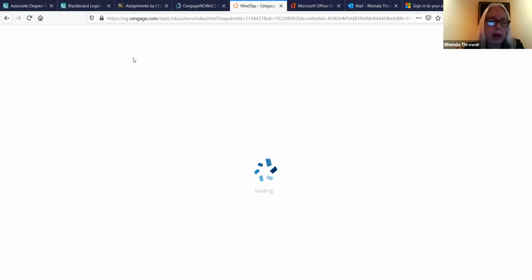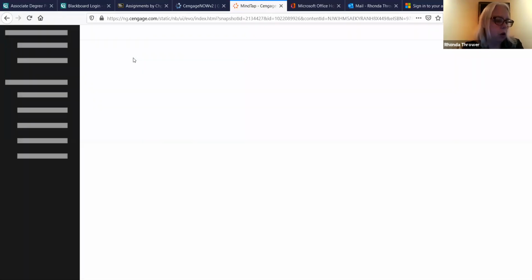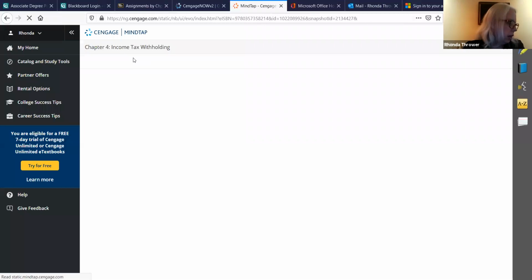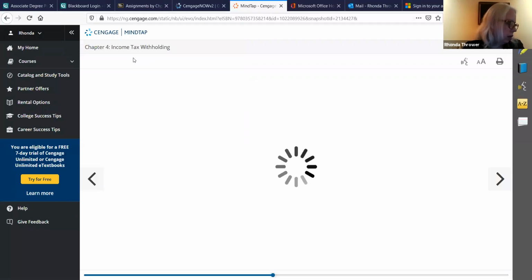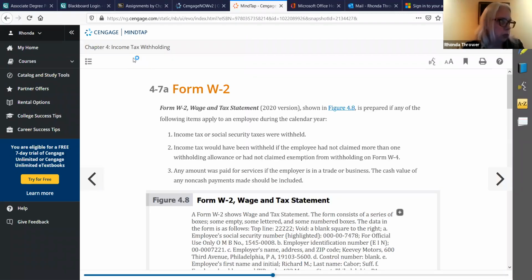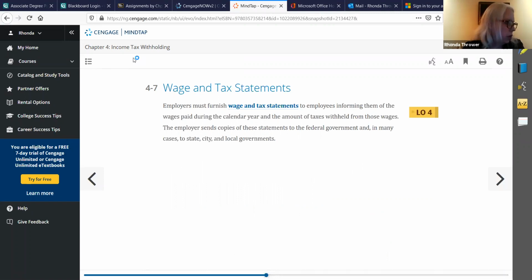And this is in your textbook too. If you've got a hard copy of the textbook, the amounts for the W-2 form, the boxes, are listed in figure 4.9 that begins on page 424 and ends on page 425. So pages 424 and 425 in chapter 4 in your textbook are where you can find this information too.